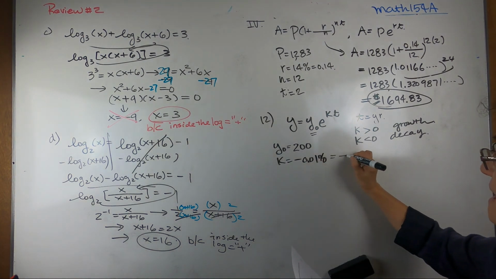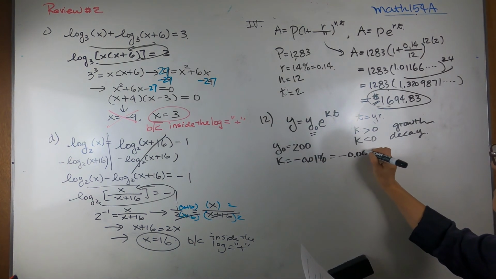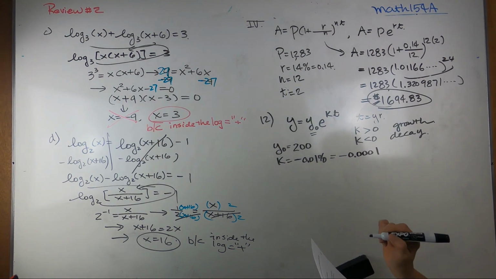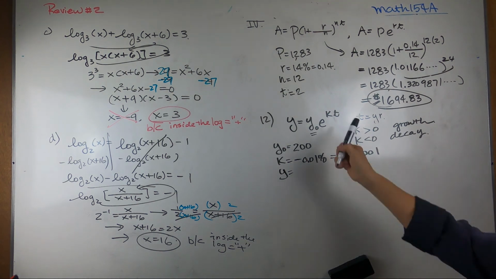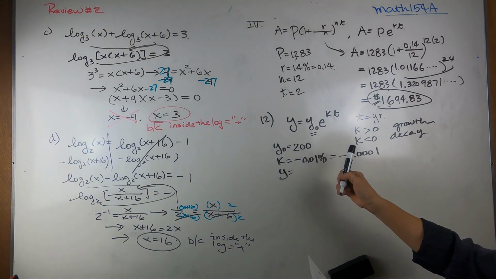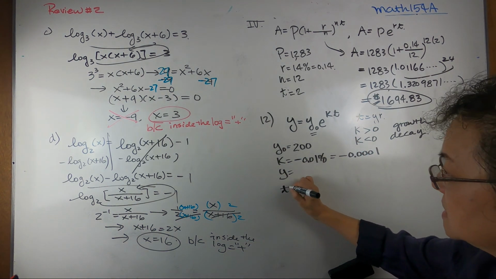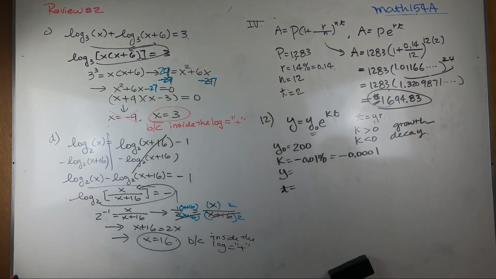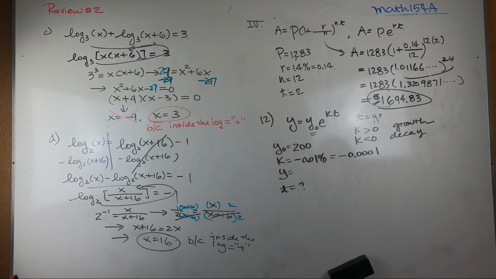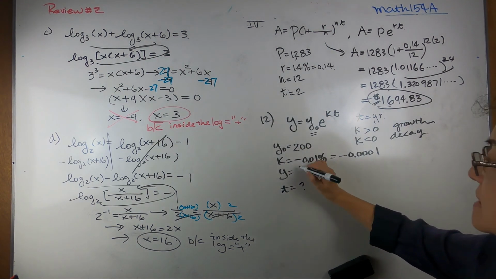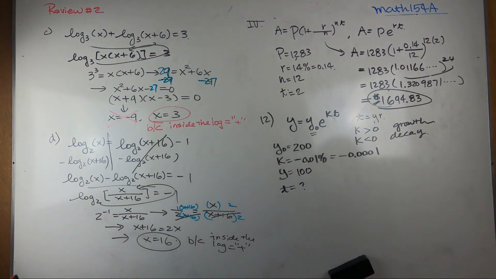Change it to decimals, so it should be negative 0.0001. Do we know the t? T is what we are going to find. It says how long it will take. And to get to half, what's your y? Eventually, the amount is 100 pounds.